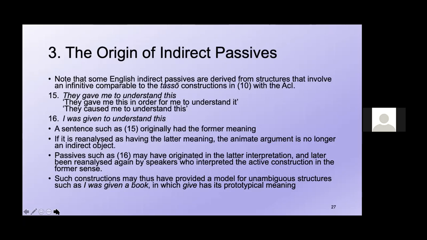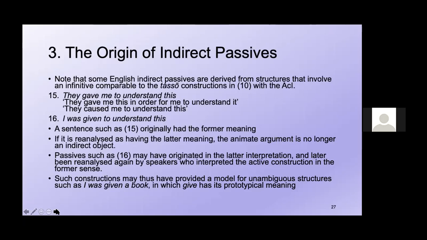And I mentioned earlier that one of the earliest constructions where we see passives of give is I was given to understand this. So in the active, a sentence such as they gave me to understand this originally meant they gave me this in order for me to understand it. But it's quite possible that it was reanalyzed as meaning they caused me to understand this, in which case the animate argument is no longer an indirect object.